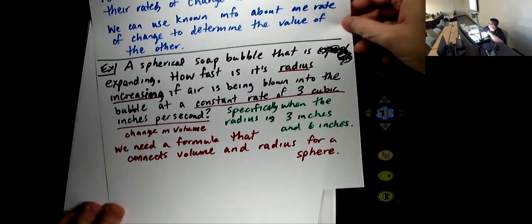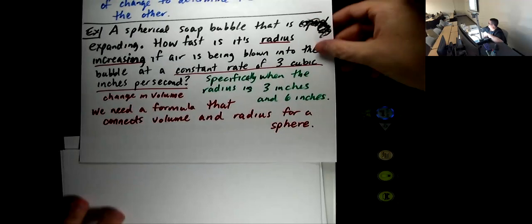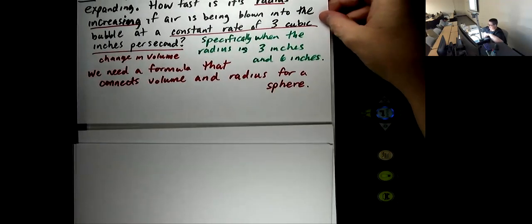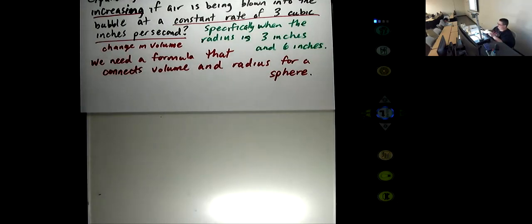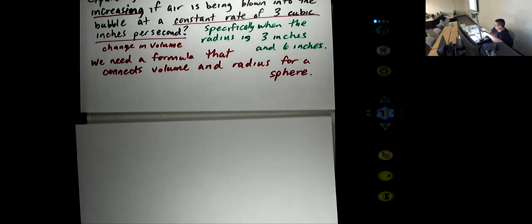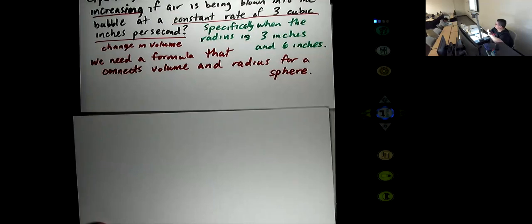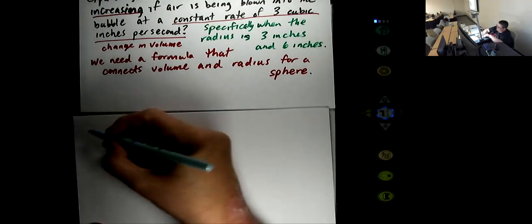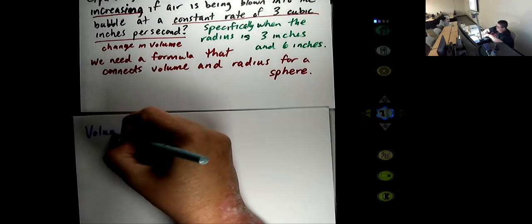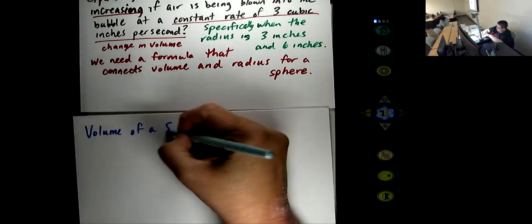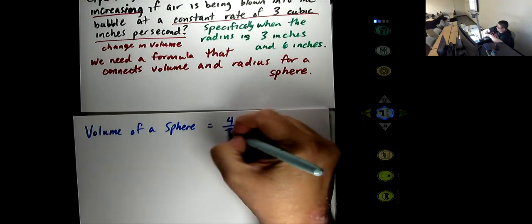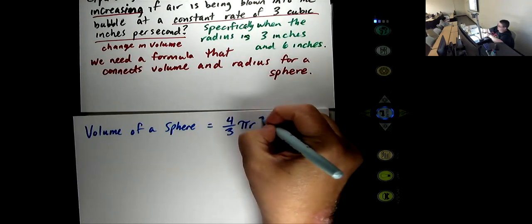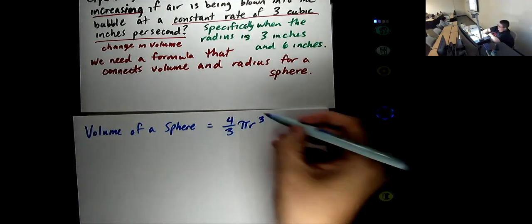Does anyone know that offhand? Okay, I do. This is one of those that comes up often enough in your entire calc sequence that you'll eventually have this memorized. The volume of a sphere is 4/3 pi r cubed. I'll call that V for volume.